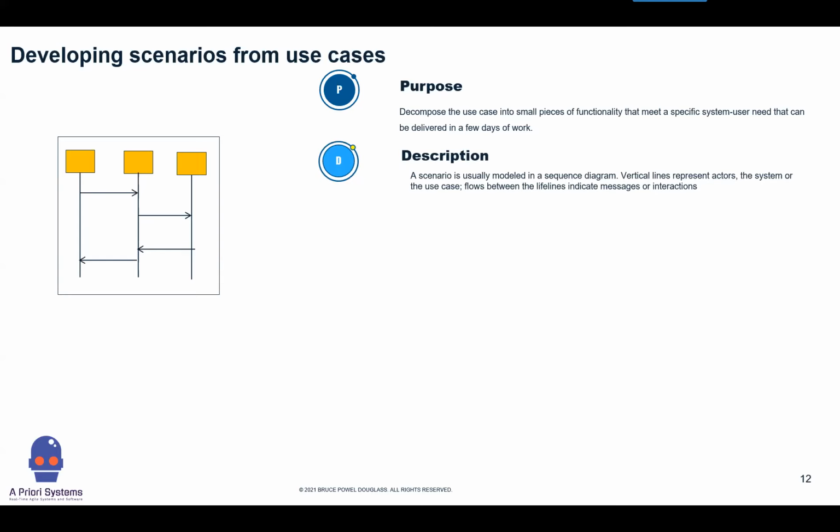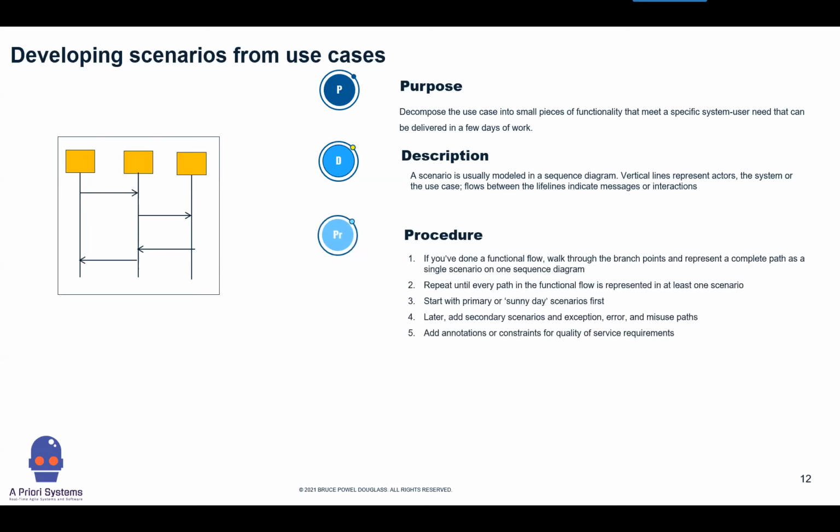Vertical lifelines, usually there are two kinds. You'll have the use case as a lifeline, and you'll have the actors as lifelines. And the flow, the directed lines between those lifelines, represent messages, interactions between those.